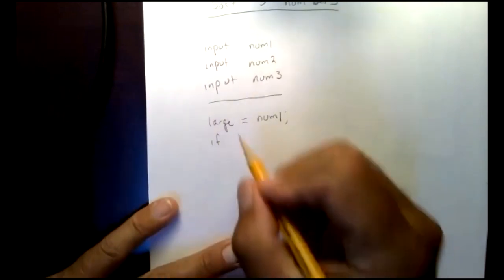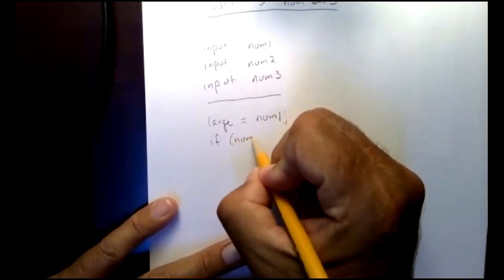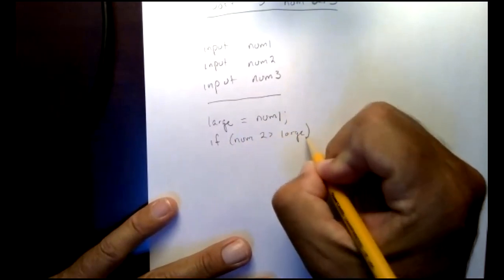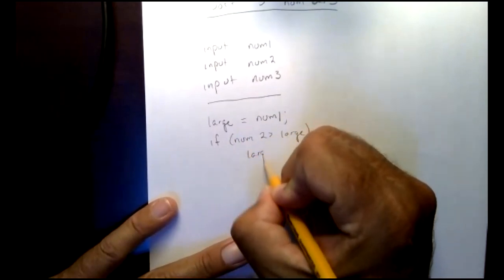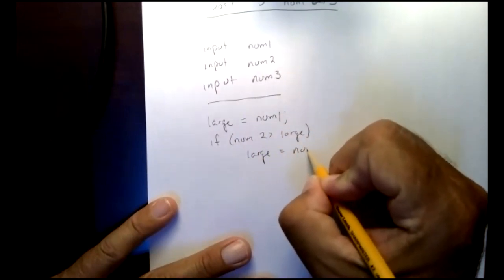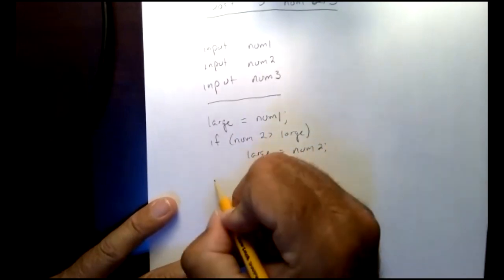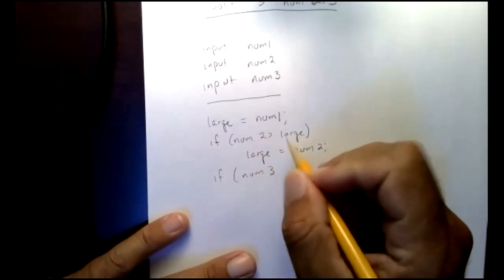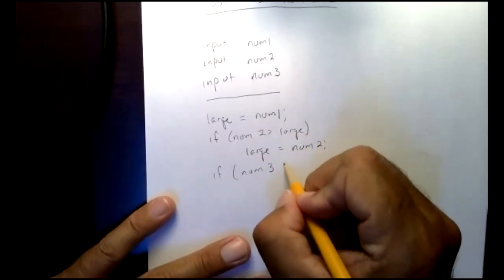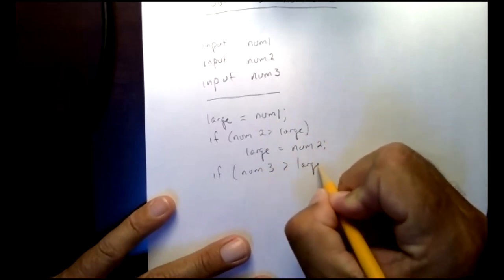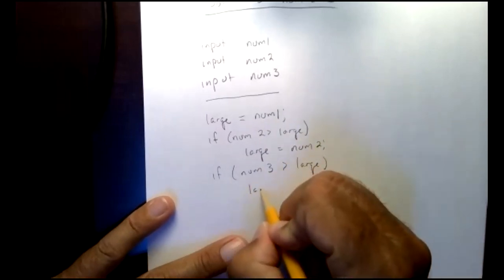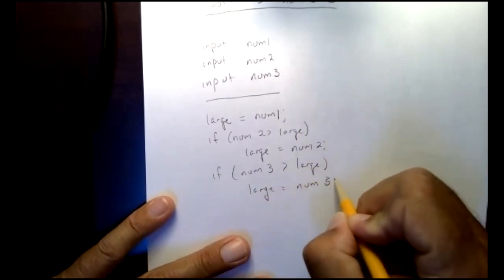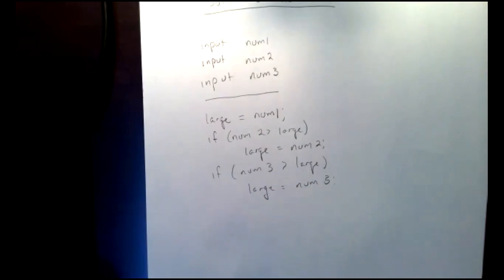If num2 is greater than large, large gets a value of num2. If num3 is greater than large, large gets a value of num3. So quick and easy way to find the largest.